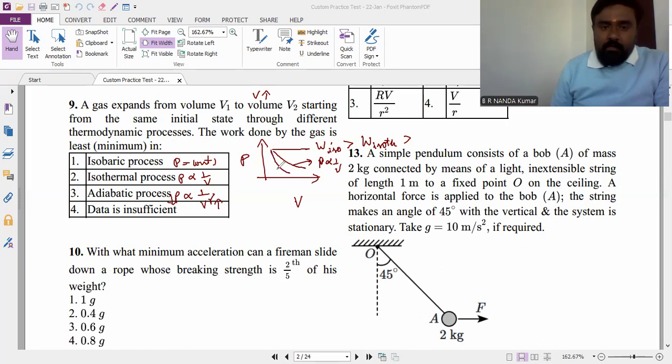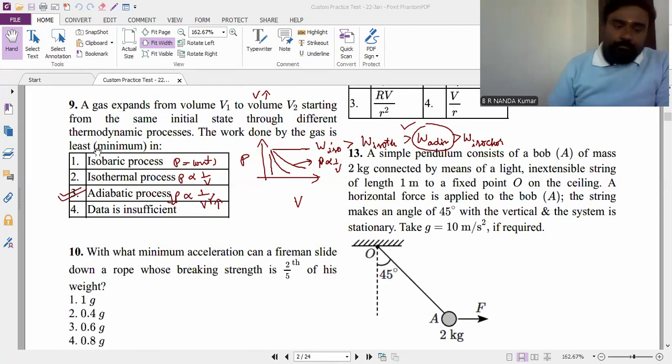The area under this curve is less compared to the isothermal process, so next comes adiabatic. So this is minimum. Isochoric means a straight line, so the area is very small, but that is not given. So the right answer is adiabatic, the minimum. The right answer is the third option.